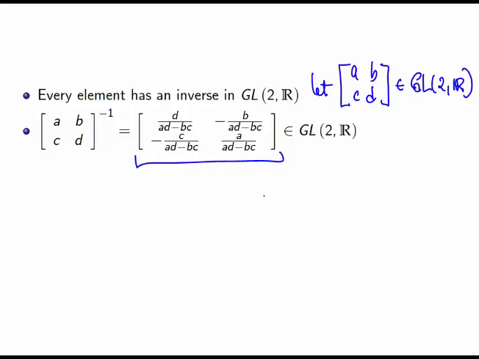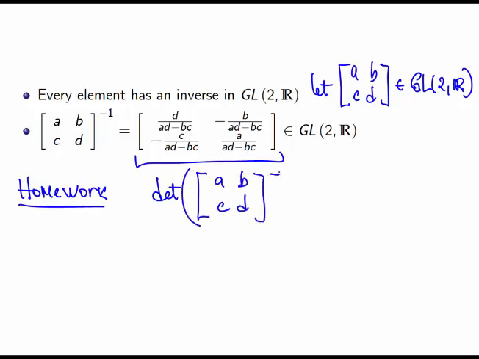And one way to do it, in fact, verify at home. So your homework here is to check that the determinant of the inverse of (a, b; c, d) is 1 over ad - bc.